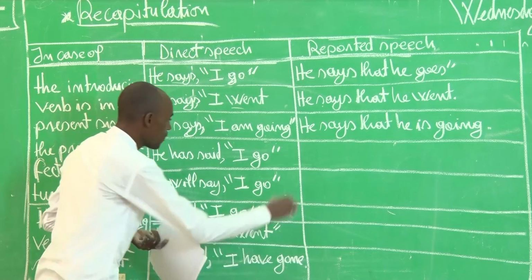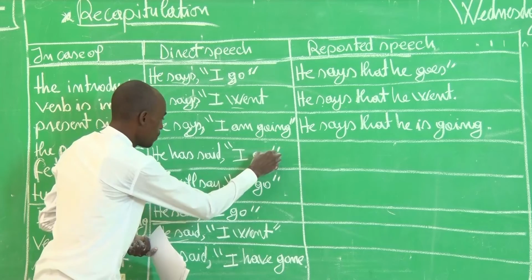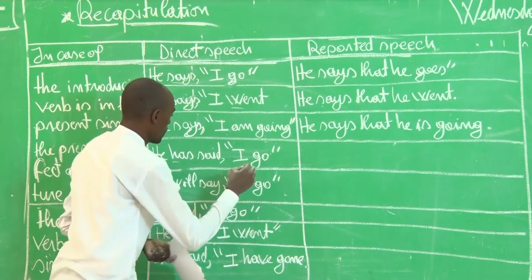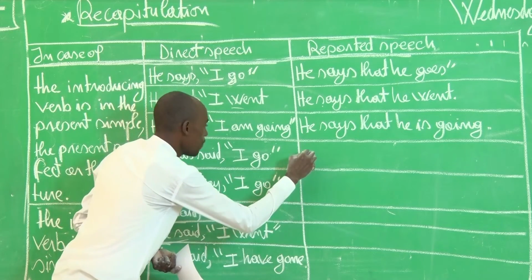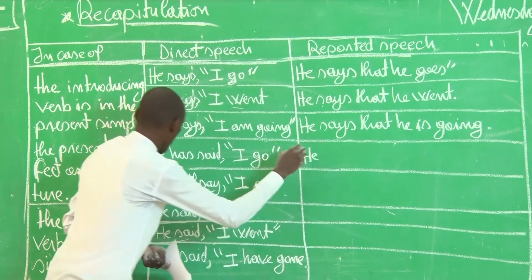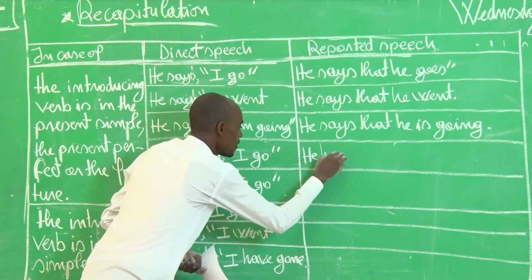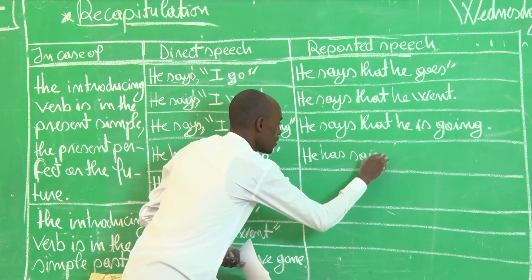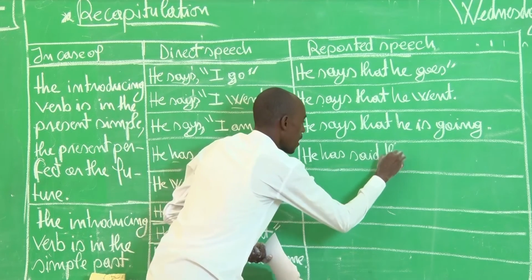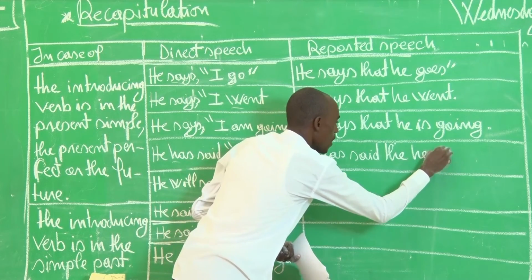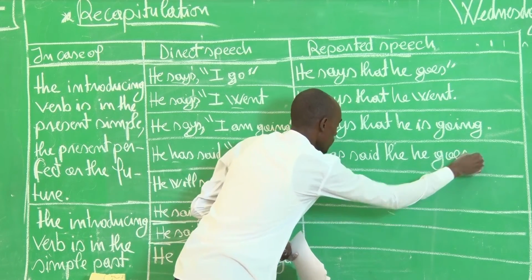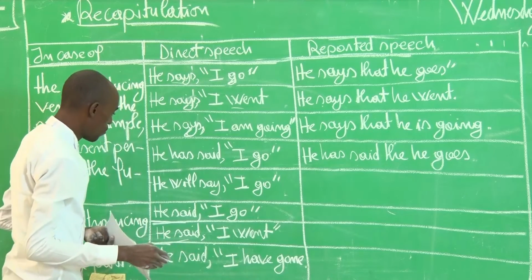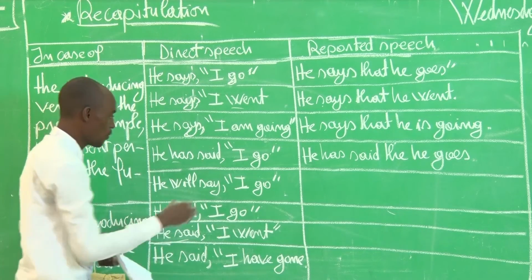And here we have, yes, the present perfect. There is no change. We have, he has said that he goes. Good. And here we have, you will say, I go.